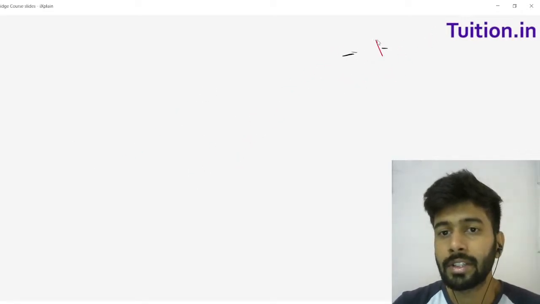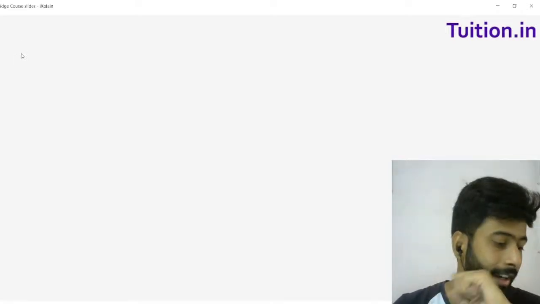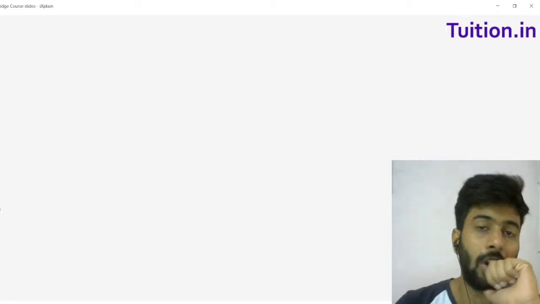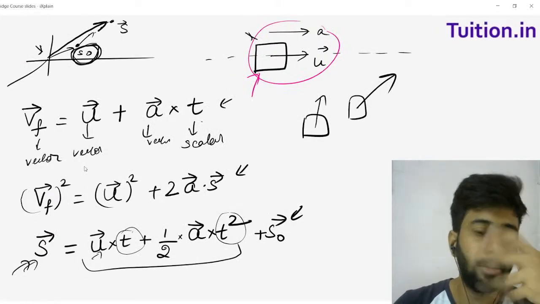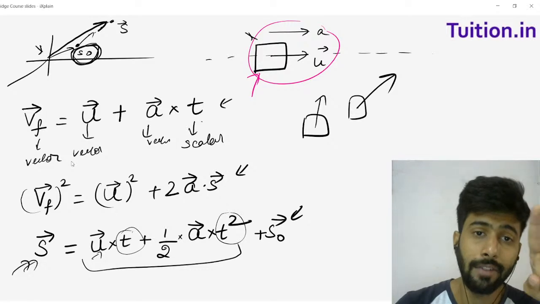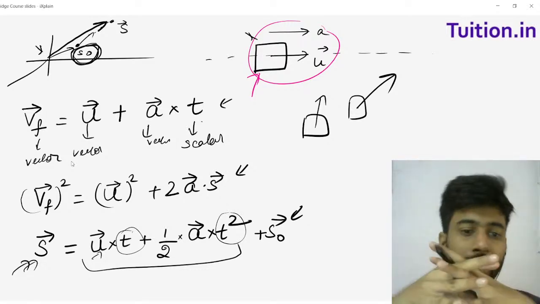Now these derivations come from calculus. In fact, graphs and calculus also are related. You will probably not understand right now, but as you learn more and more calculus, you will realize that graphs and calculus have a very close interrelation.